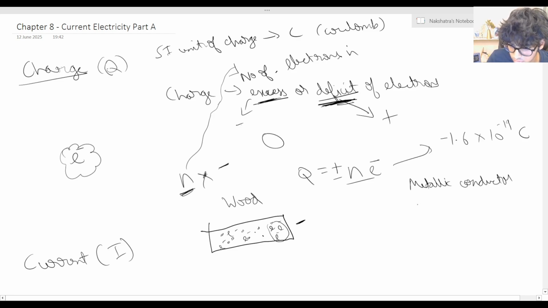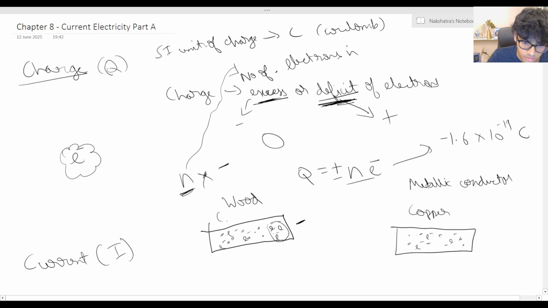But the difference between this and a metallic conductor like copper: if I take copper, you'll notice a similar thing. There'll be electrons, there'll be positive particles. The only difference is the electrons in wood cannot move. They are fixed at their positions, they are not free to move.